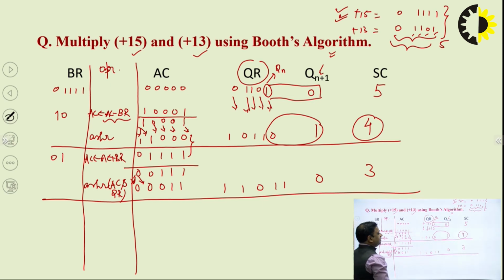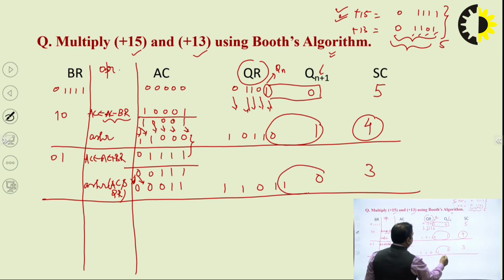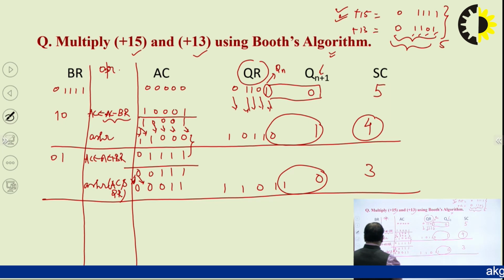Now what is the value of the sequence counter? Again, this is not equal to 0. So again put the pair Qn and Qn plus 1, that is 1 0, and 1 0 says AC equals AC minus BR.